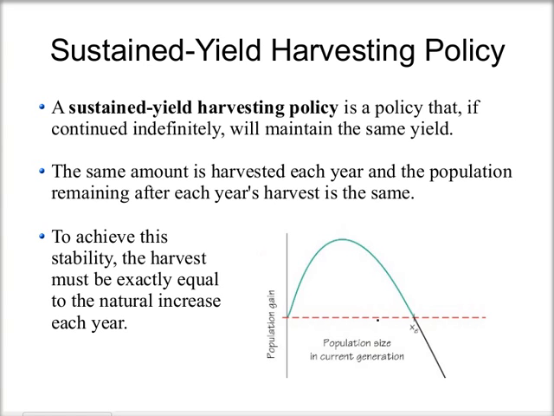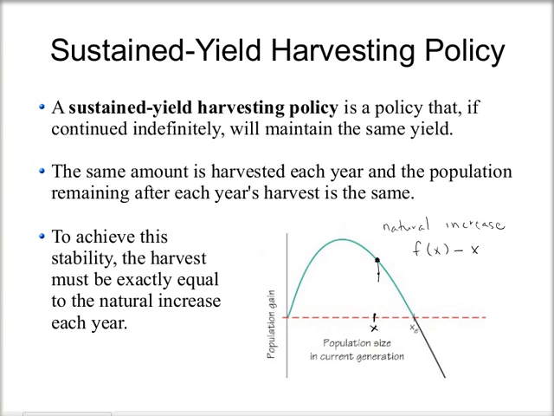So if I've got a fish population x, let's say it's over here, and this is my natural increase curve, which shows the difference between my reproduction curve f of x and the line y equals x, then the sustainable yield here is going to be equal to the natural increase.